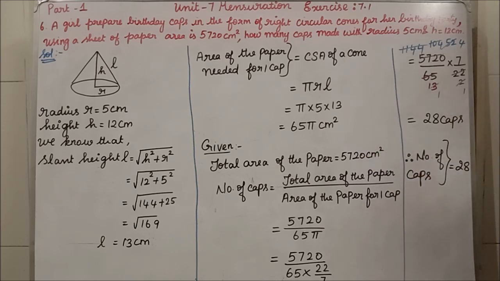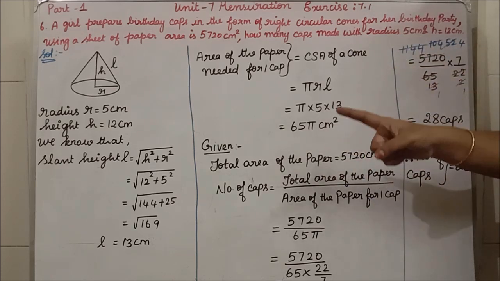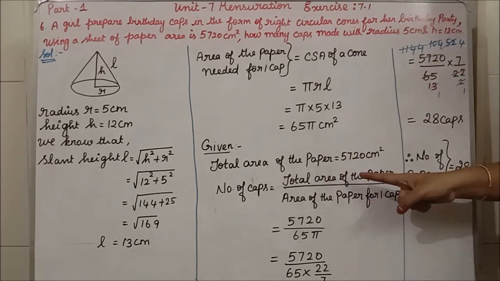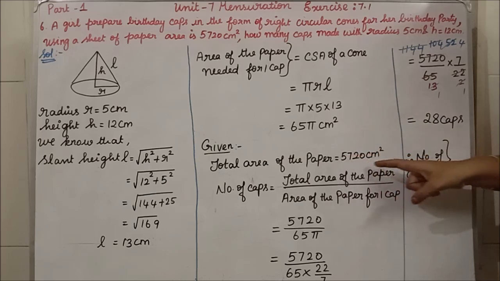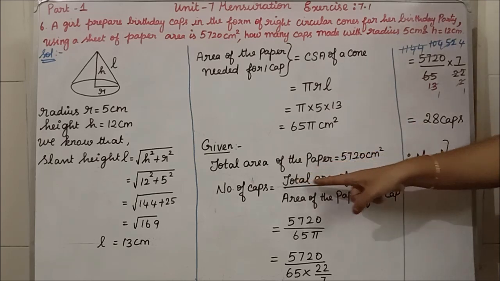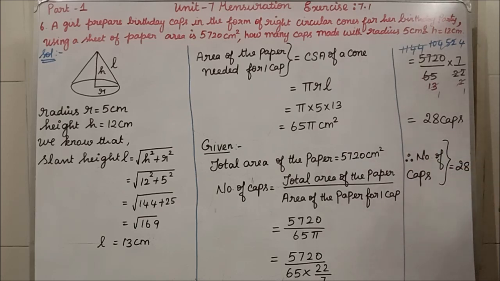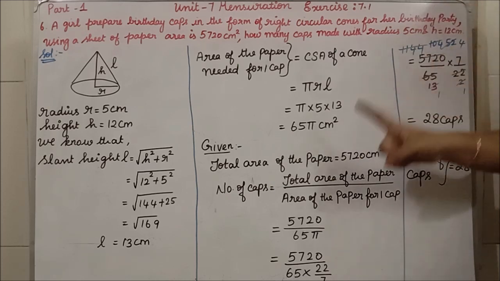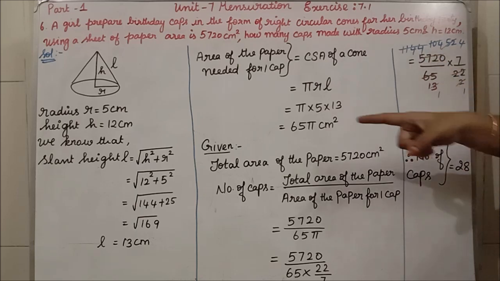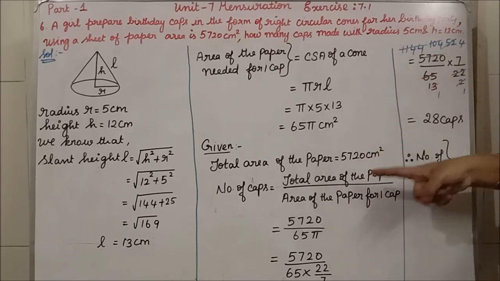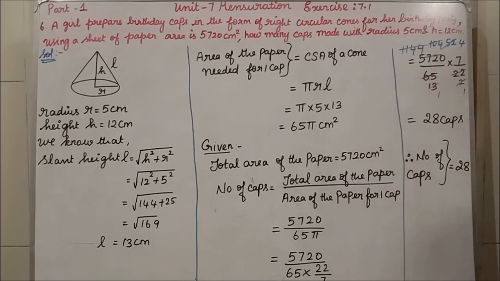So, number of caps is equal to the total area of the paper divided by the area of the paper for one cap. If you divide, you will be able to find the number of caps. Clear? What you have to divide? Total area of the paper divided by area of the paper for one cap.